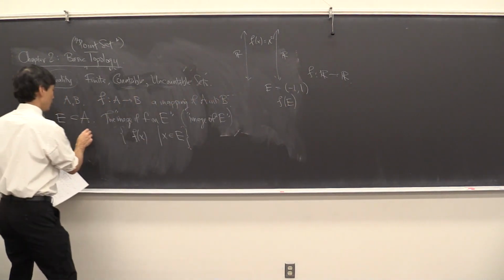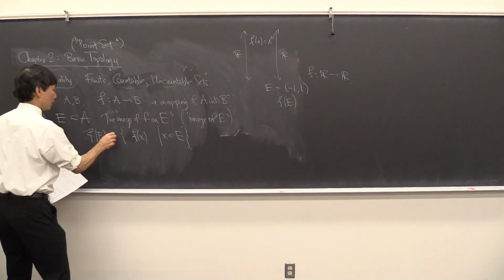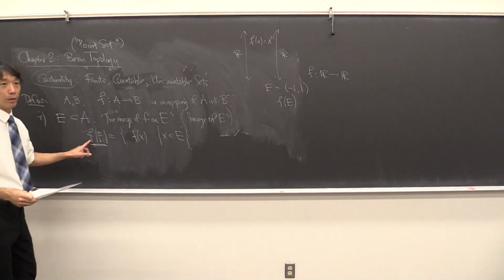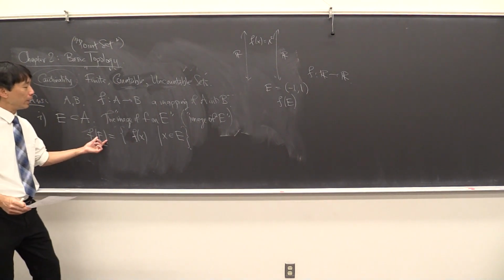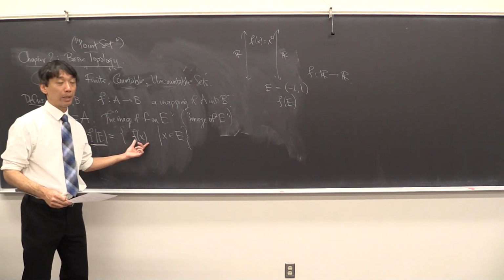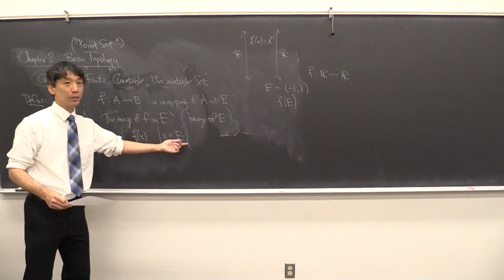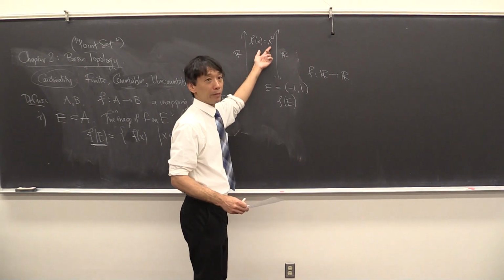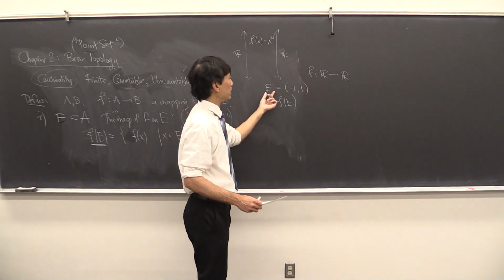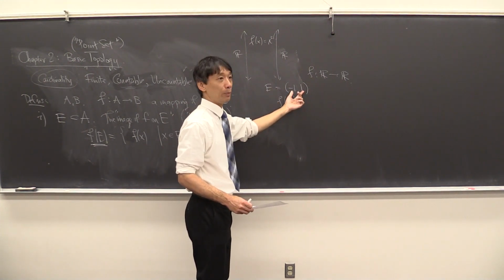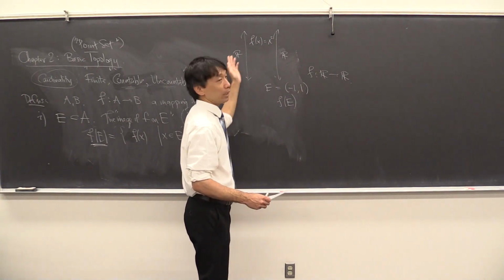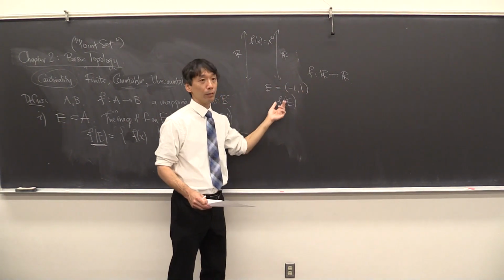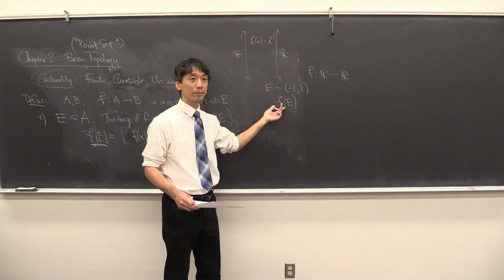This is how we denote the image: f of E is the collection of outputs where the inputs go all over E. So here I've got the squaring function, and this set of inputs, -1 to 1. What's the image of this set through the squaring function?